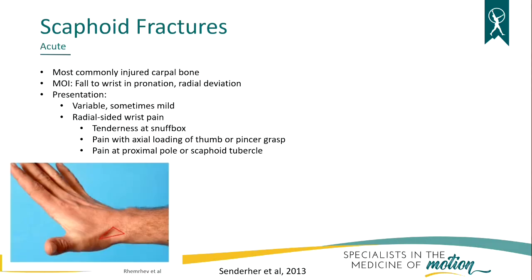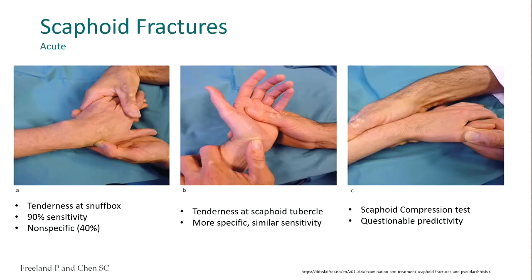The scaphoid fracture is typically a fall on an outstretched hand. It's the most commonly injured wrist bone. And sometimes these present somewhat underwhelmingly. They may present as a sprain. They may have some radial-sided pain in their wrist, but certainly axial loading can be uncomfortable, or they may have an extreme portion of the bone that's broken at the proximal pole or at the scaphoid tubercle.